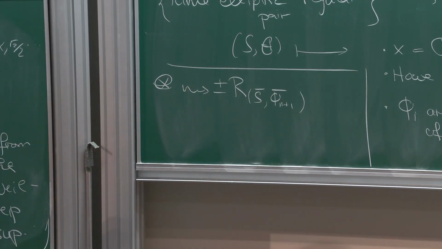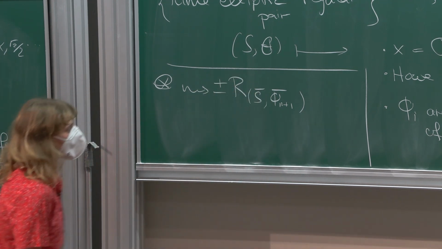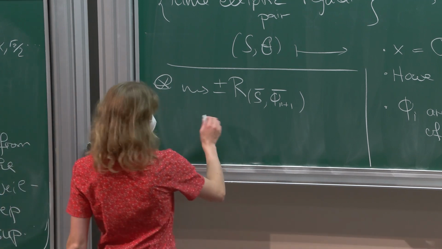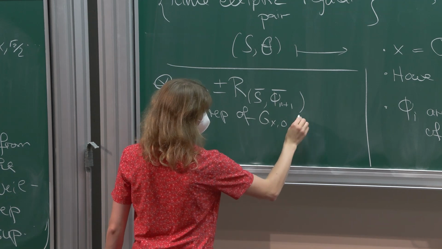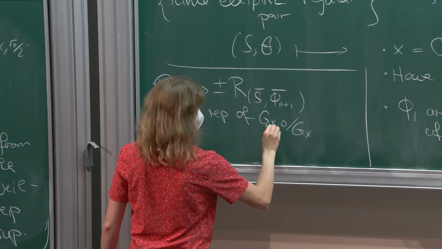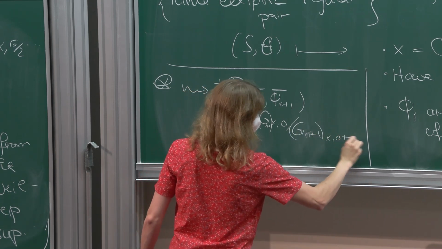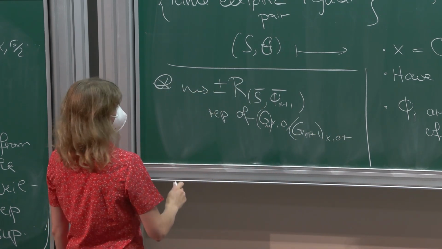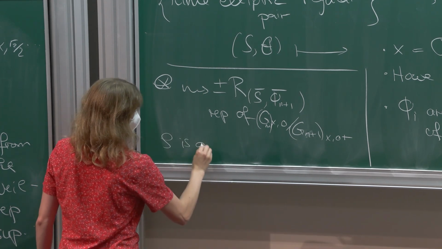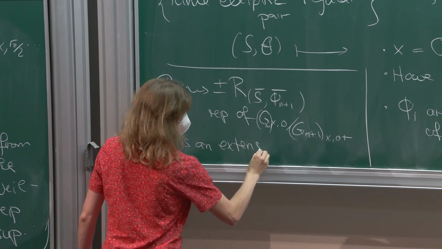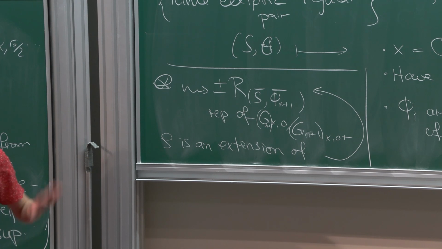So Deligne and Lustig provided us with a way to construct a representation which has this funny name here, which is a representation of Gx0 that is trivial on Gn plus 1 x0 plus. And now we just extend it to get rho. And then rho is an extension of this one.